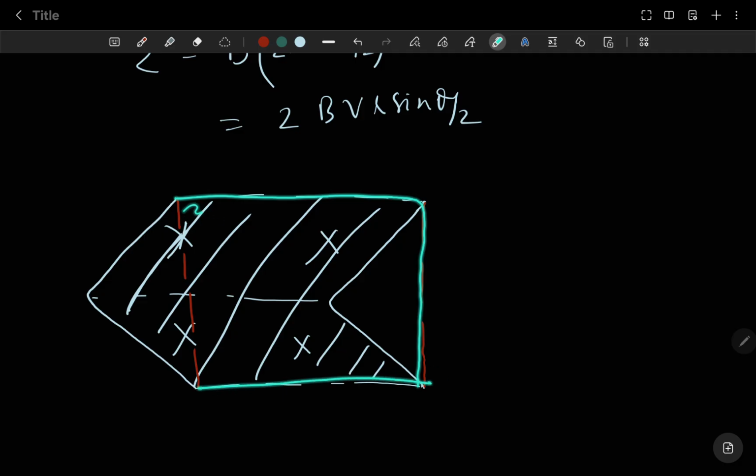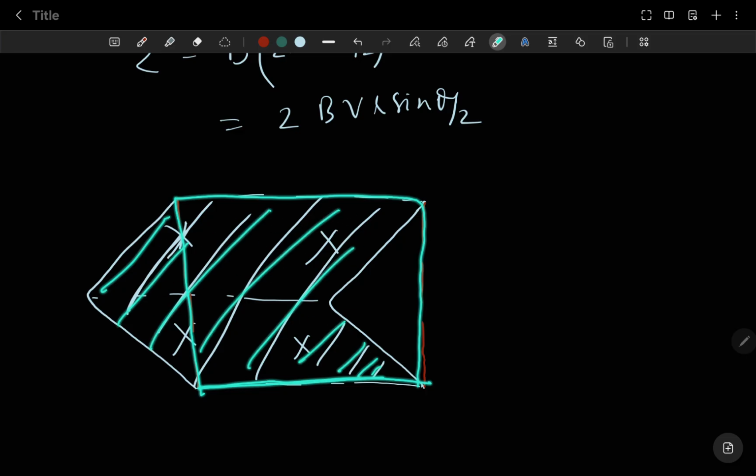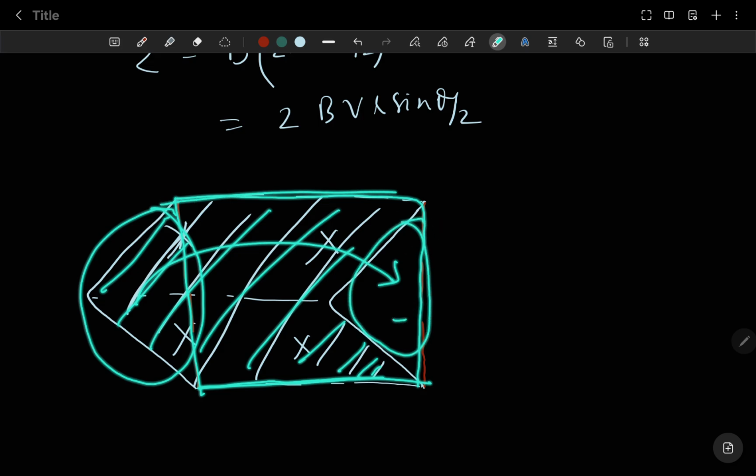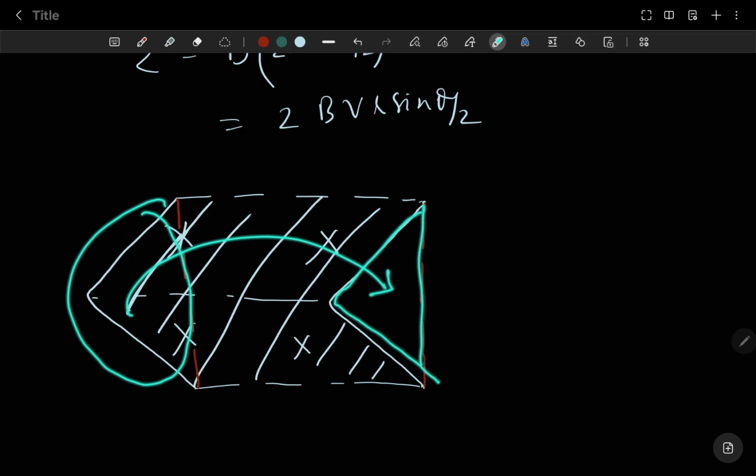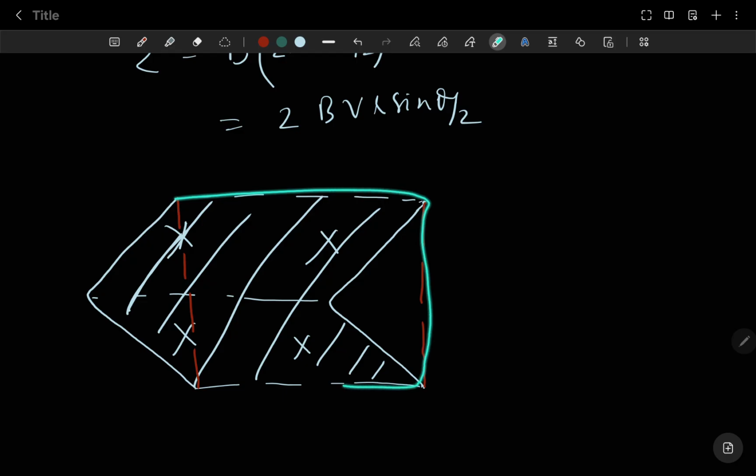okay, this rectangle has the same area as this much area, because you see, if you cut this triangle and put it in this blank space, then this will be filled up by this triangle, and you will get this rectangle, right?